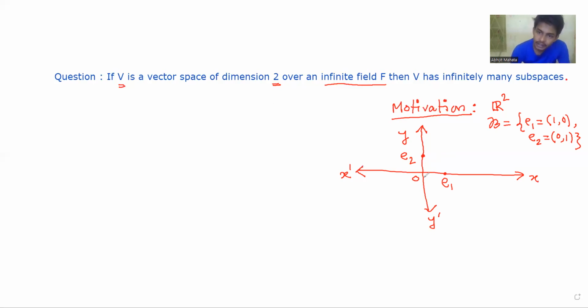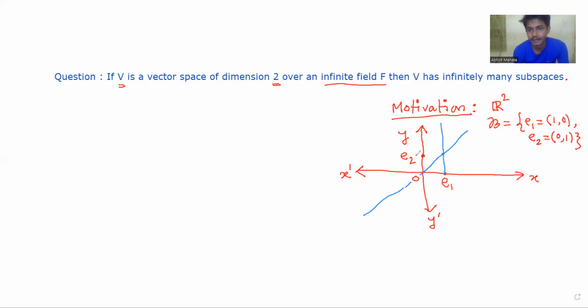Basically, if we take a line passing through the origin, then for this line, clearly if we draw the line passing through E1 and parallel to the y-axis, this will intersect the given line at a point.